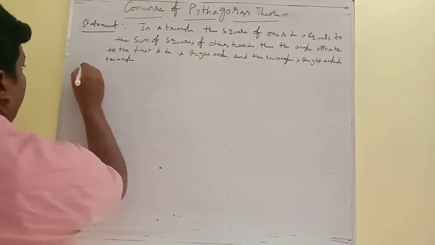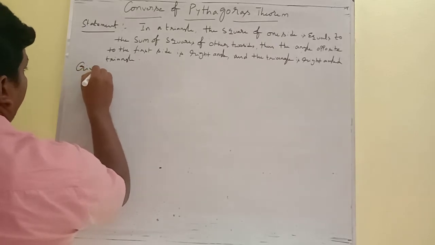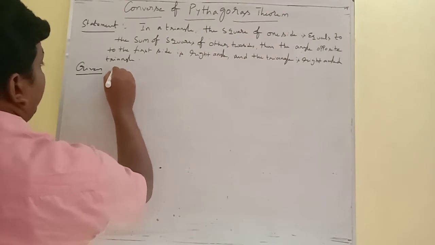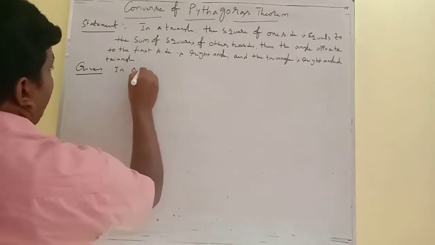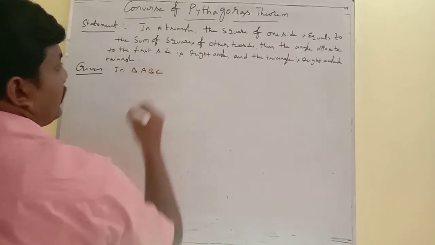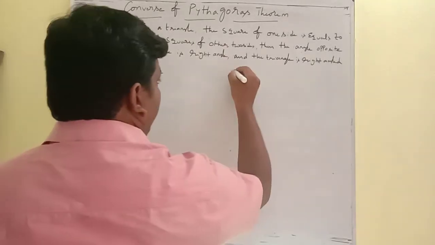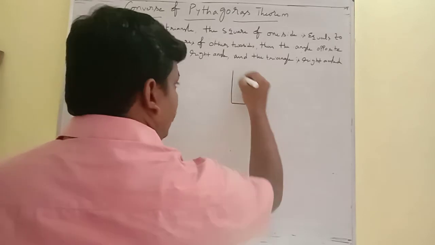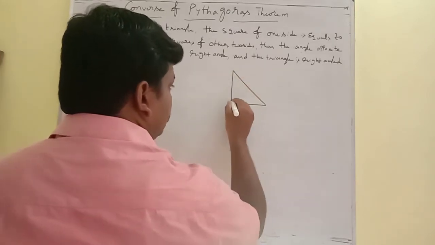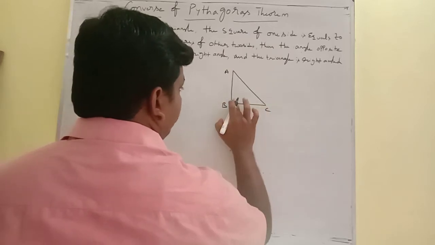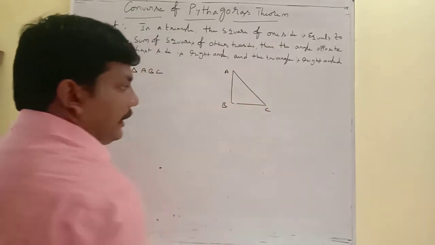First of all, we have to take the given. In a triangle, like in triangle ABC, I am going to consider a triangle first. We don't know whether this angle is a right angle or not, that's why we are not considering it a right angle now.